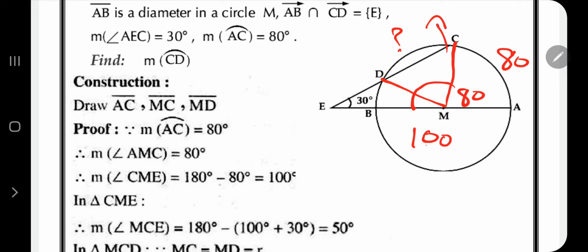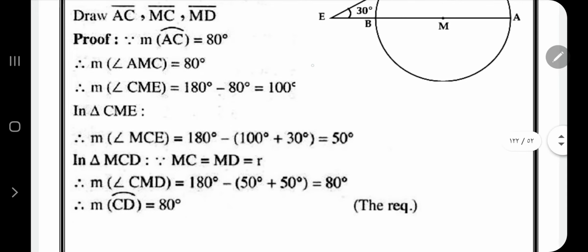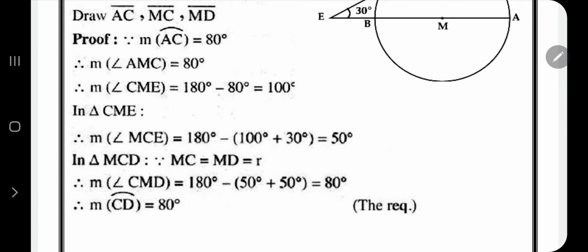Measure of angle C equals 50 because in triangle CME angle E equals 30, angle M equals 100. I will get C which is equal 50. Here is 50, also here is 50 because isosceles triangle. So this angle will be 80. So the measure of the arc CD will be 80 also. Here is the answer with the steps.